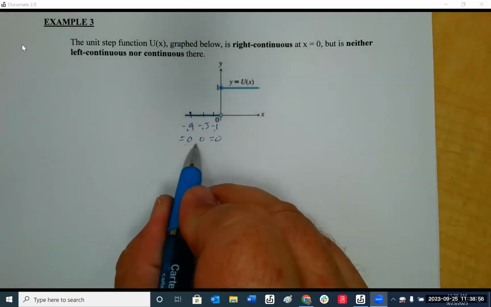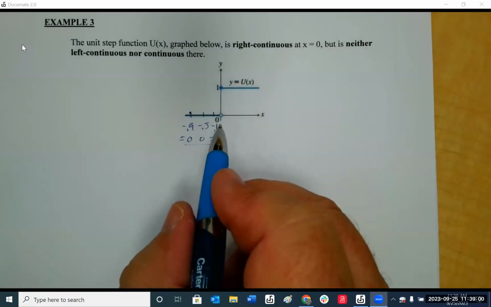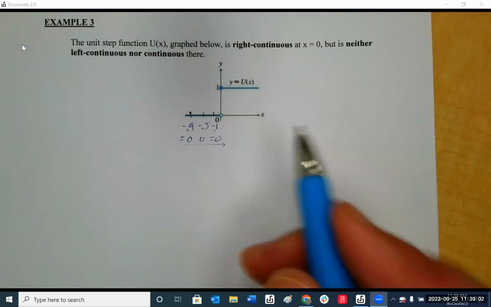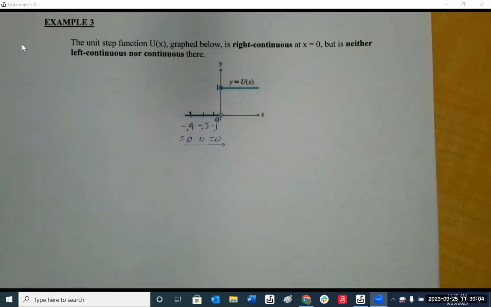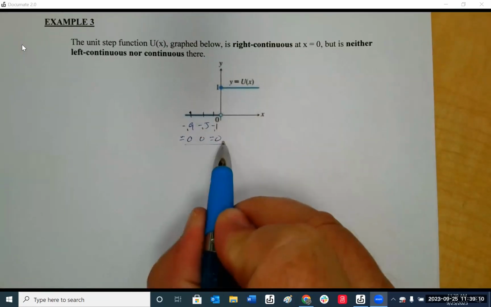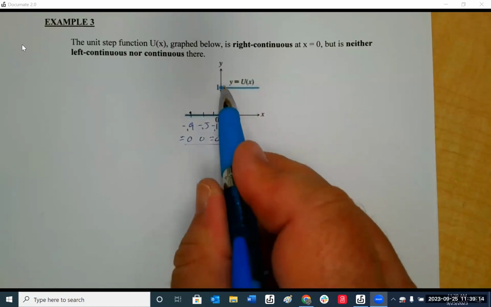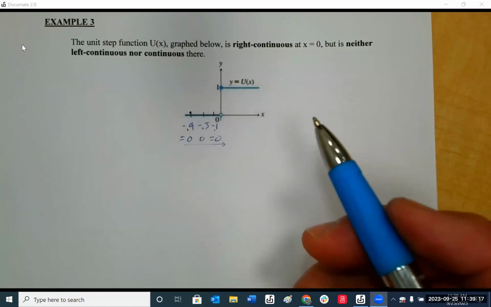So as it approaches 0, does the limit go to 0? No, the limit can't go to 0 because it's open, so it goes to 1. So it's not left continuous.